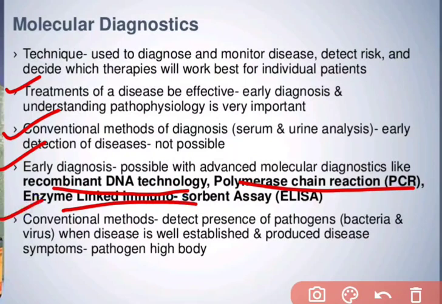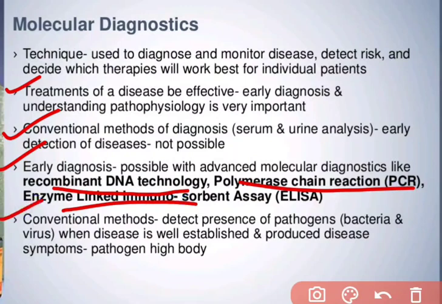Conventional methods detect the presence of a pathogen when the disease is well established and produces disease symptoms, with the pathogen high in the body. So, how are we traditionally detecting the disease? When we detect the disease or the pathogen, it may be bacteria or a virus, at that time the disease is at the last stage, well established, totally flourished.